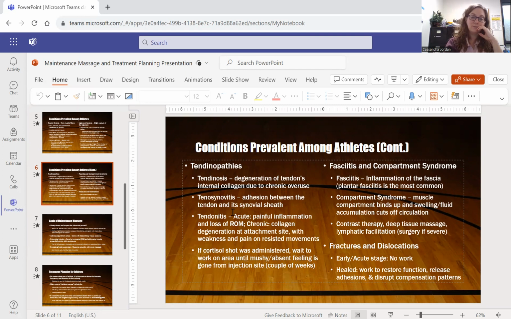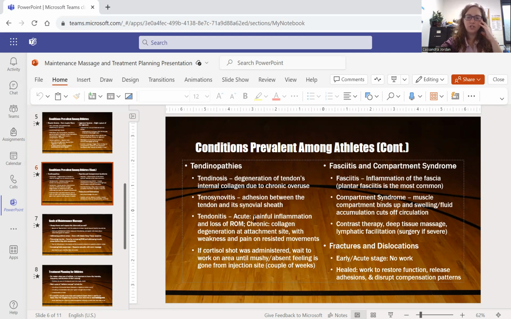Contrast therapy, deep tissue massage, and lymphatic facilitation will all work just fine on athletic, chronic, exertional compartment syndrome. But if somebody smashes their shin in a soccer game, or they're having a severe flare-up, then they may need to go to the doctor for surgery for compartment syndrome.